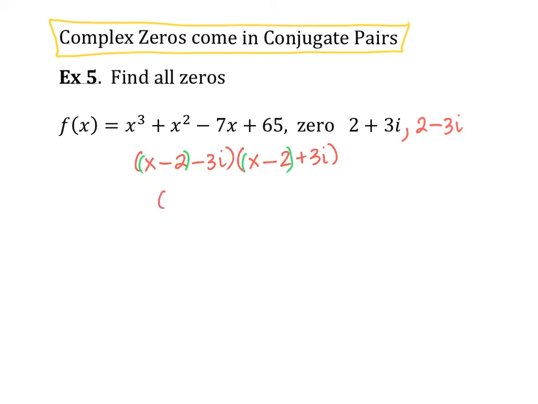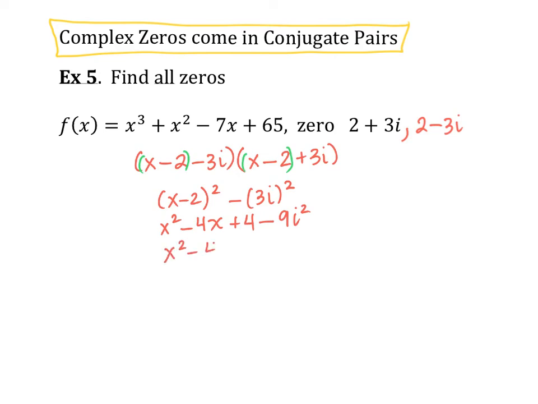So this is actually x minus 2 squared minus 3i squared. x squared minus 2x minus 4x plus 4. Minus 9i squared, but remember i squared is negative 1.